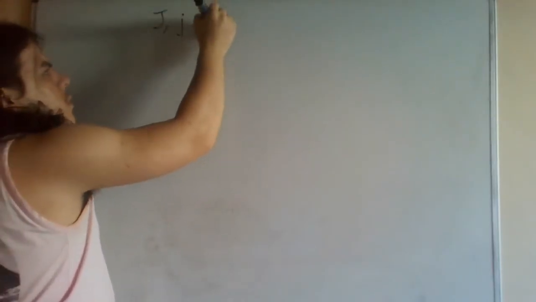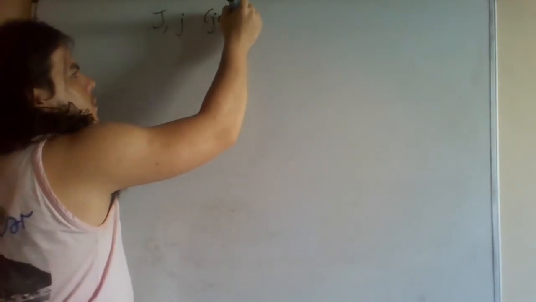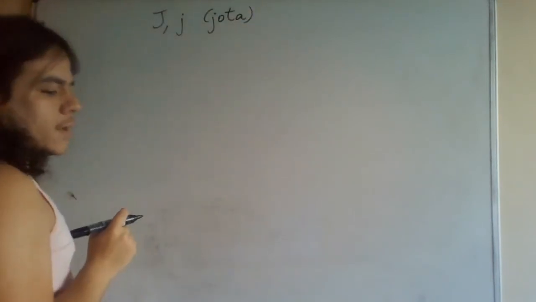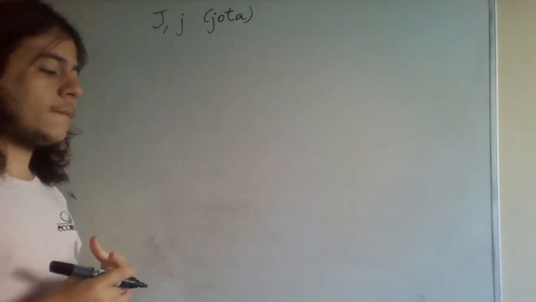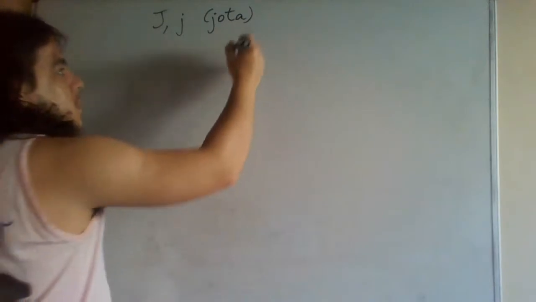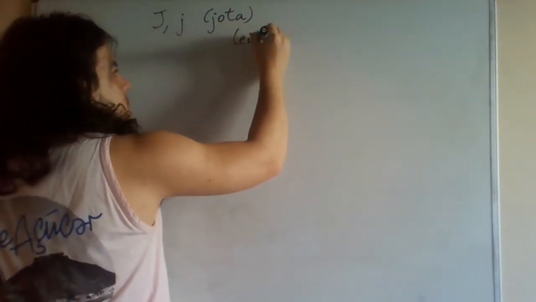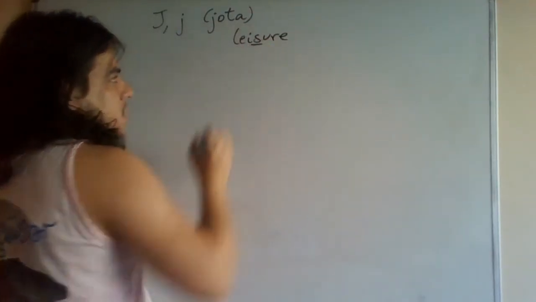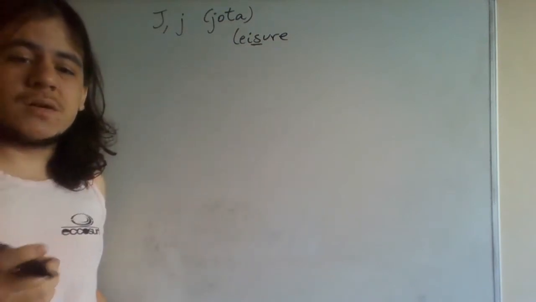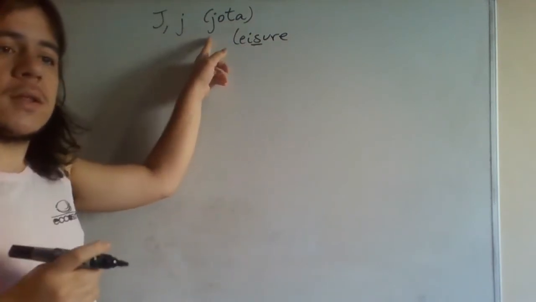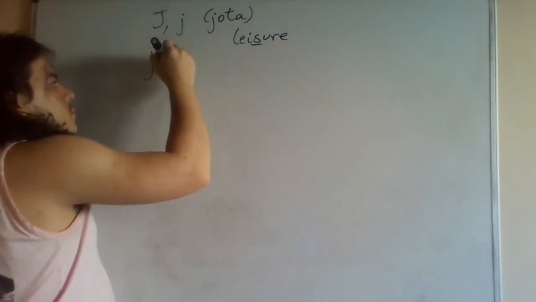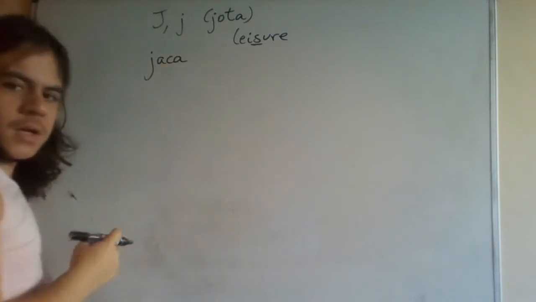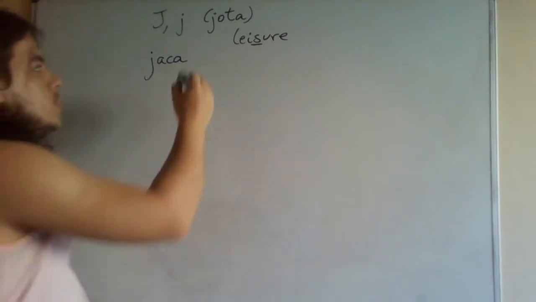Next letter, letter J. In Portuguese, J. This letter will always have the same sound. It's the sound of letter S in leisure. This J sound, like this, J, J. For example, jaca. Jaca, it's a fruit.